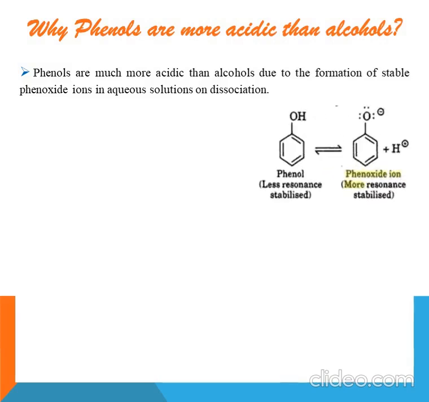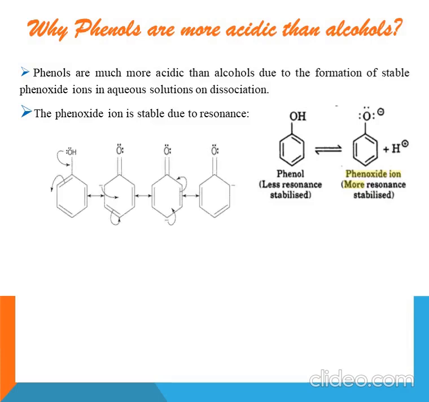This is the phenoxide ion formed from phenol. It is much more stabilized due to delocalization of the negative charge, or due to resonance. The phenoxide ion is stable due to resonance.